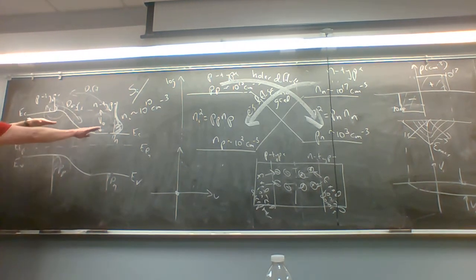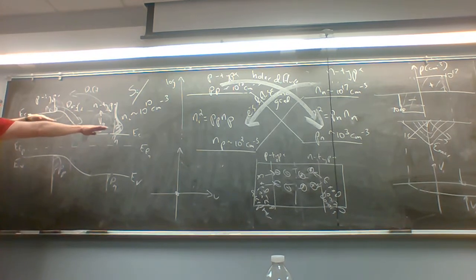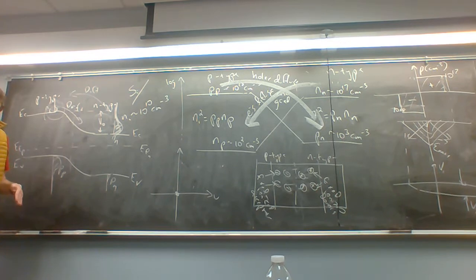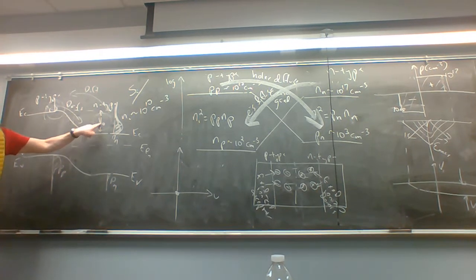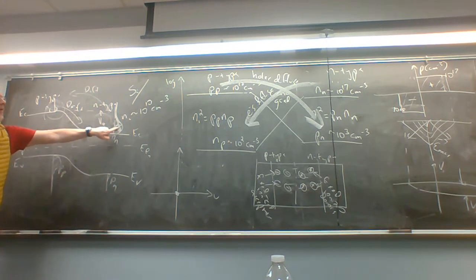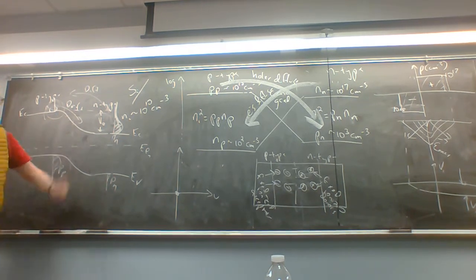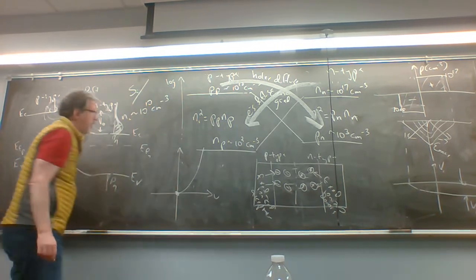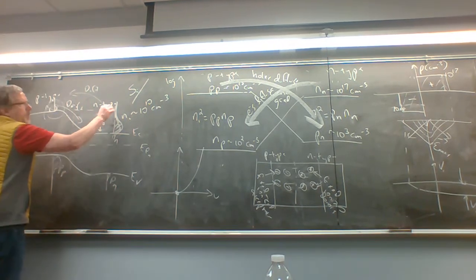So as the barrier lowers, so I apply a forward bias, the V naught is lowered, and this starts to take off. So this goes up exponentially. And why does it go exponentially?